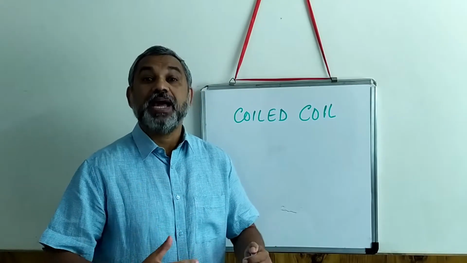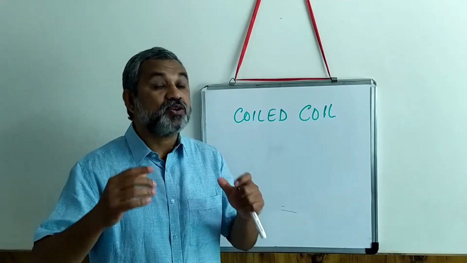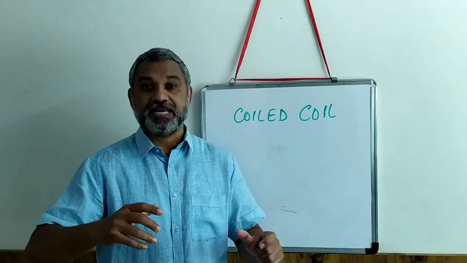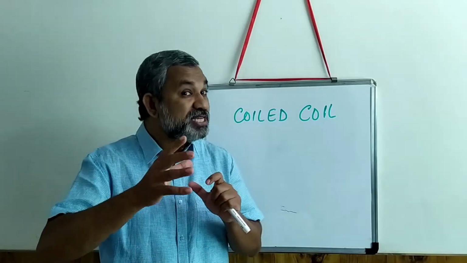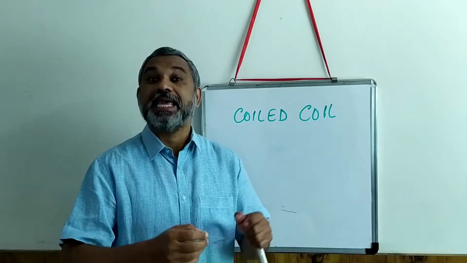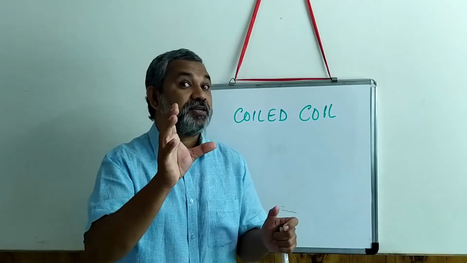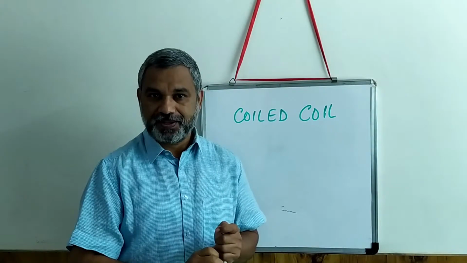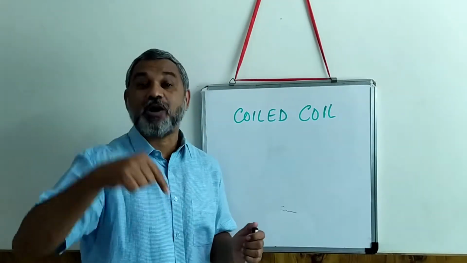When it comes to a coiled coil structure, remember what happens is two right-handed helices come together in order to form a slightly twisted left-handed helix. In other words, if the helical structure is slightly compressed, we have seen that 3.6 amino acids are there in one round.